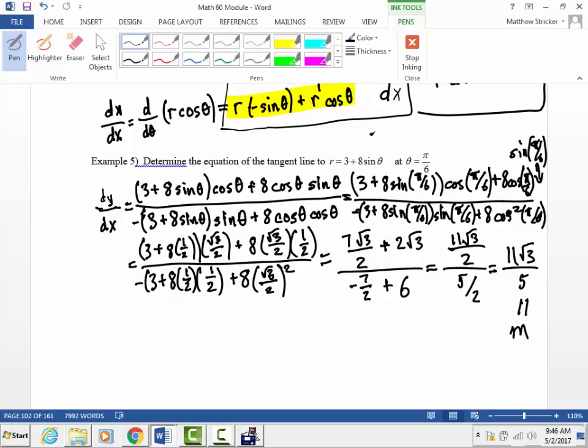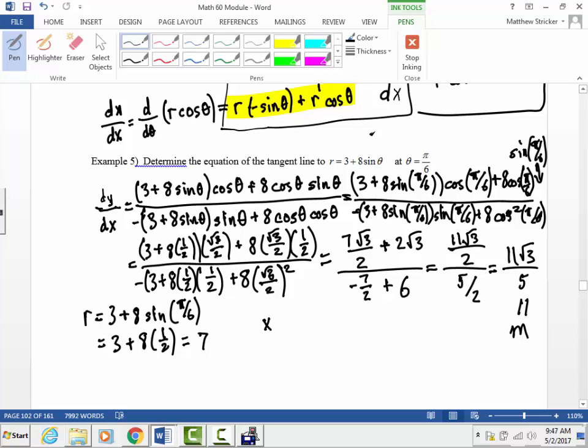So what's r equal to? 3 plus 8 sine pi over 6. Sine of pi over 6 is 1/2. So we have 3 plus 8 times 1/2, which is 4 plus 3 is 7.